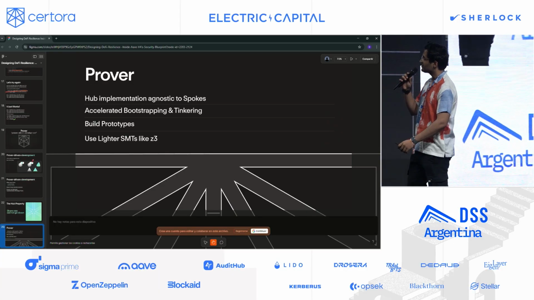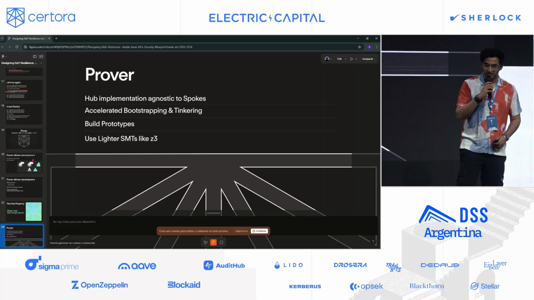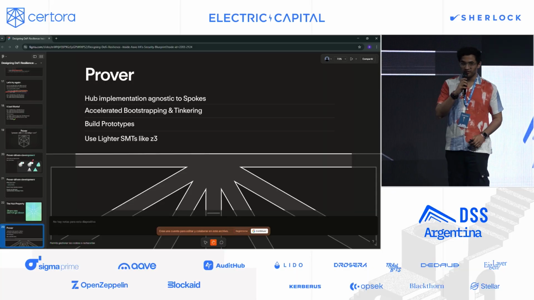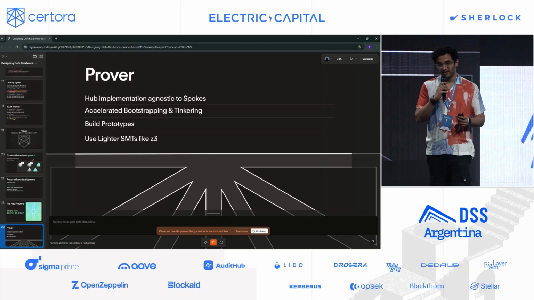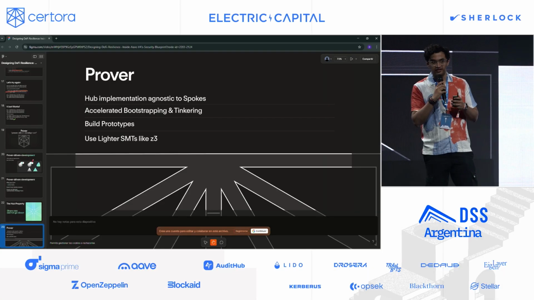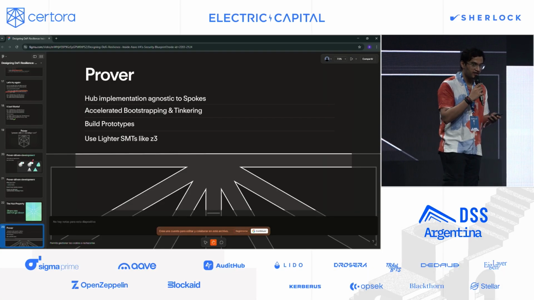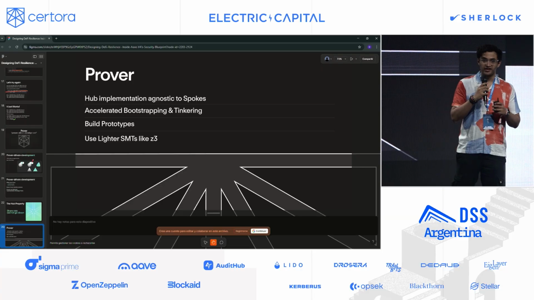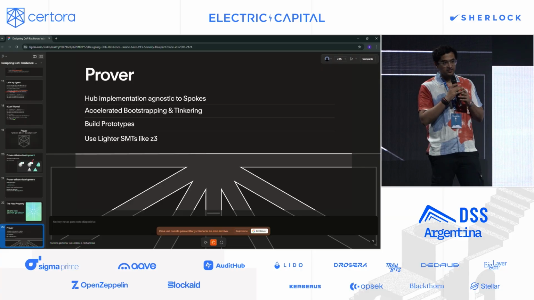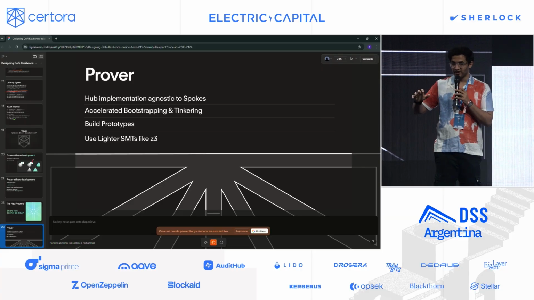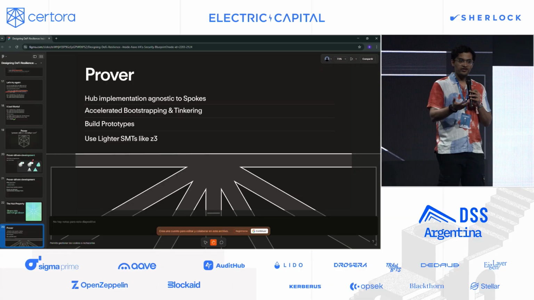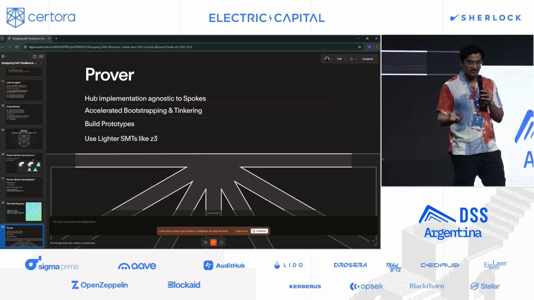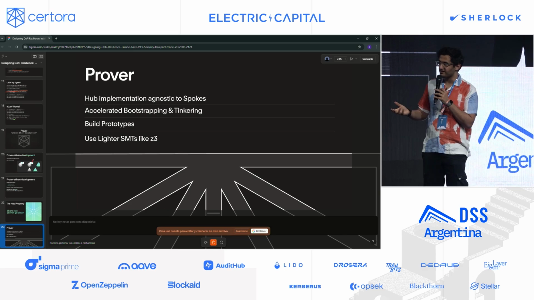During the development of Aave V4, as we've talked about, you need to start writing your properties early on. One of the benefits of that is once you've developed such a modular and extensible architecture and protocol, these properties come in very handy. As we know, the hub can connect to any kind of spoke, any exotic borrowing strategies. Actually, not even borrowing strategies, anything that can do something with liquidity, essentially.